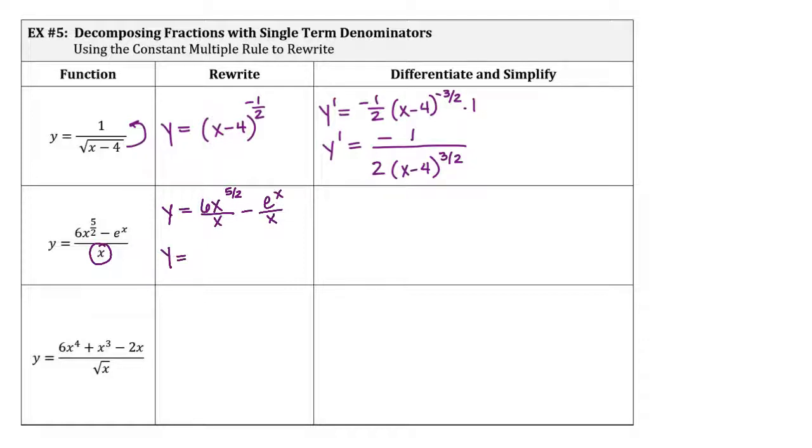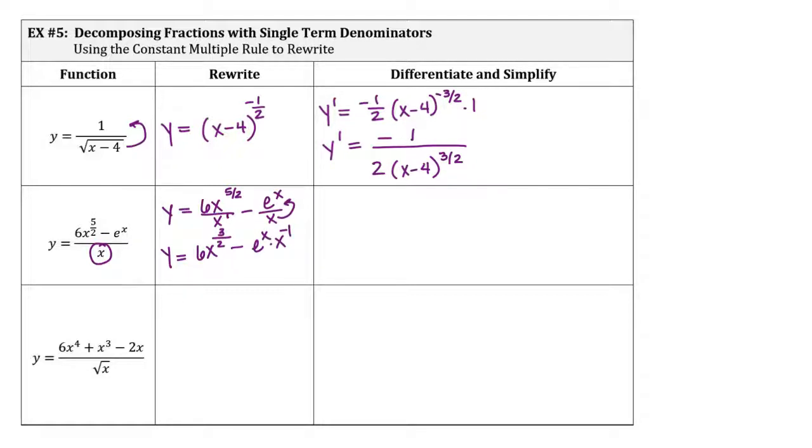If you're dividing with like bases, you need to subtract your exponents, and it's always top minus bottom. So 5 over 2 minus 2 over 2 is 3 over 2. So this is 6x raised to the 3/2 minus, and then this would need to flip up to the top. So that's e to the x times x to the negative 1.